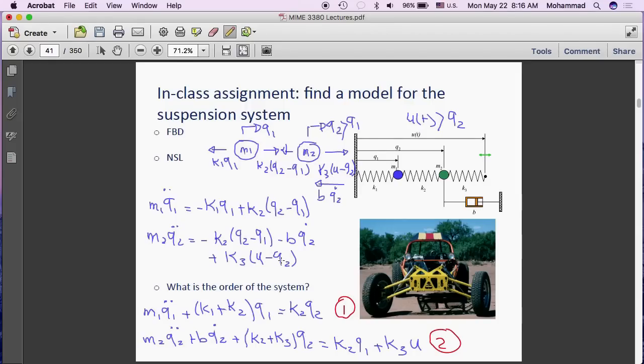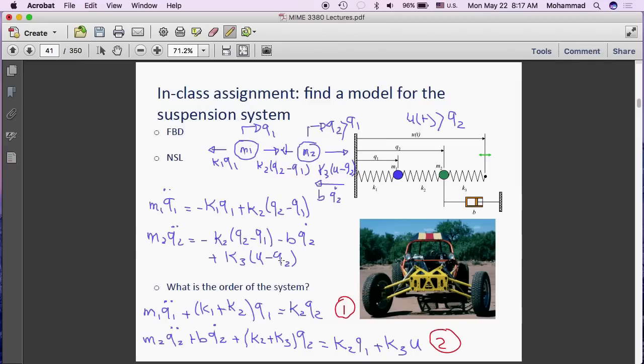They define how much each of these two masses move. Then you go to the law of physics that apply here. Like any other modeling practice, you write Newton's second law for each of these two inertia elements, and then you can rearrange it to look like the forms that we are more familiar with. So one variable and its derivatives stay on one side, and the rest of things go to the other side.